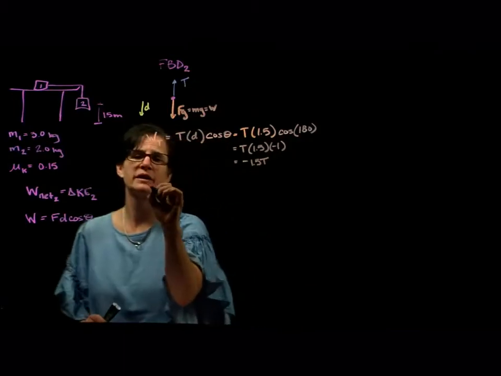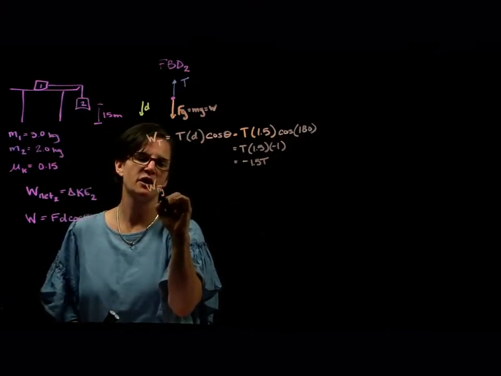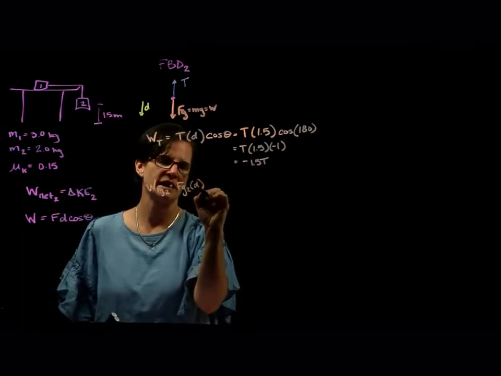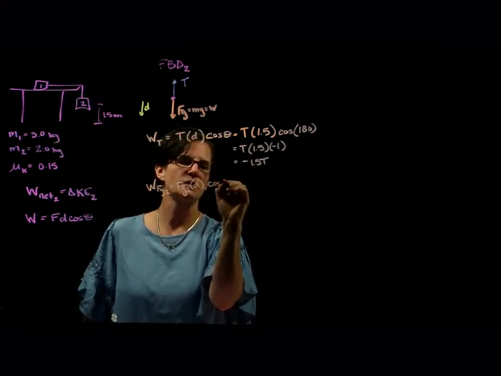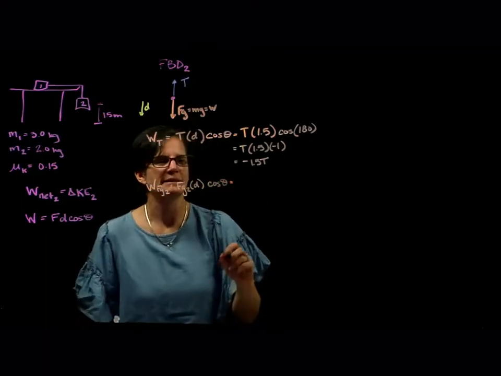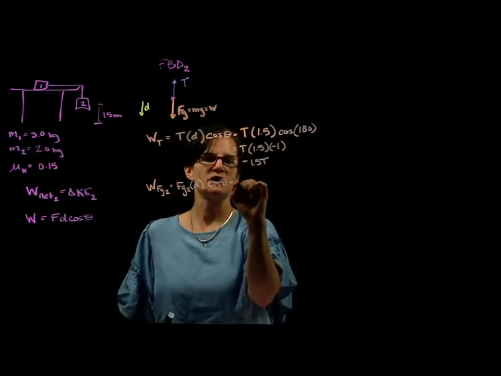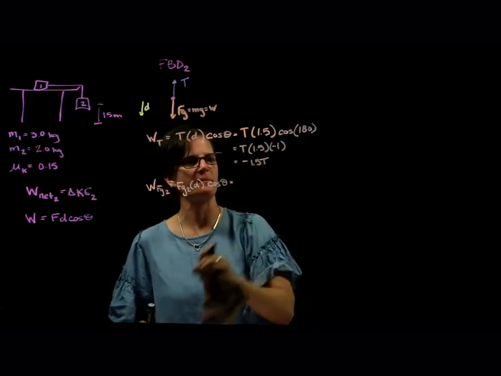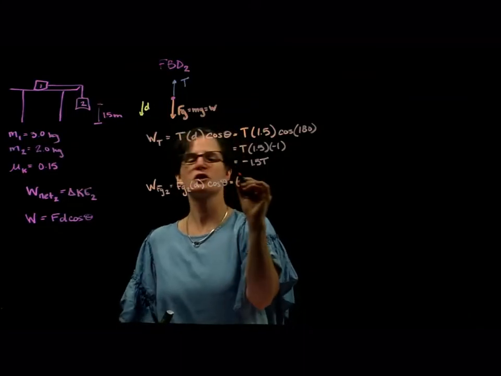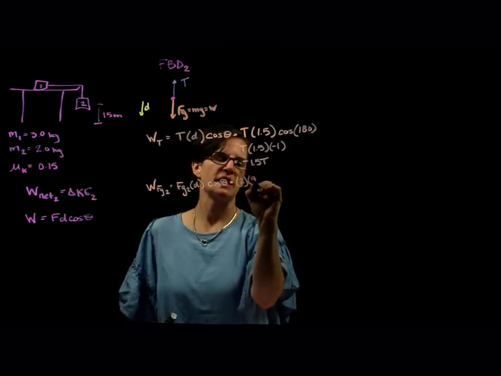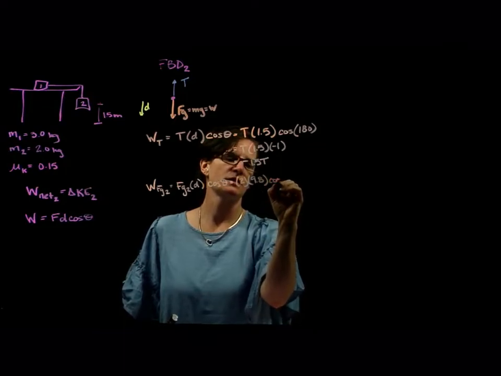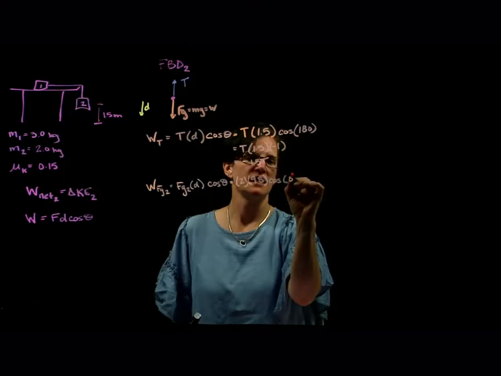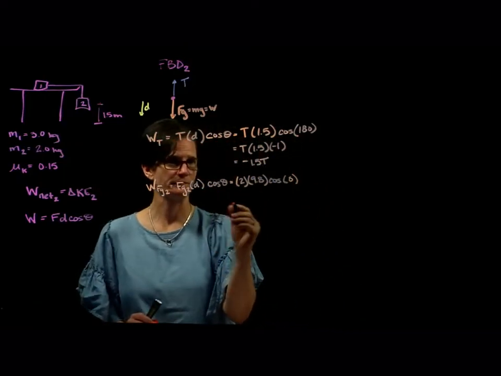Okay, what about the work done by the force of gravity on block 2? That's the force of gravity on block 2 times that displacement times the cosine of the angle. The force of gravity is mg. When we know all those values, we'll put our numbers in right away. We have the mass of block 2, which is 2, times 9.8, times the cosine. The force of gravity is in the same direction as the displacement, so the angle is 0.